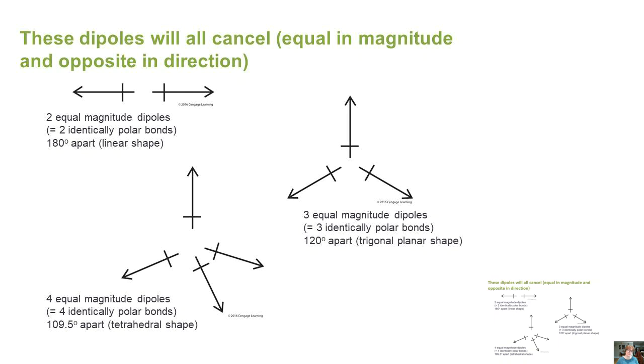And if I have four equal magnitude dipoles in a tetrahedral orientation, or 109.5 degrees apart, they will cancel out. So I'm looking for these. I can also have canceling effects with more than four, with the trigonal bipyramidal and the octahedral geometries, but we're just seeing the general idea of it.